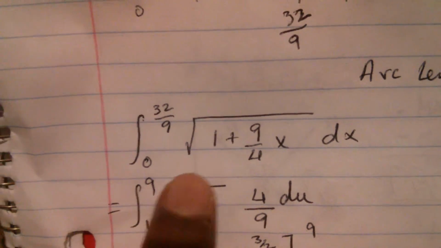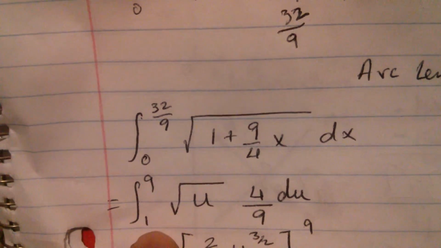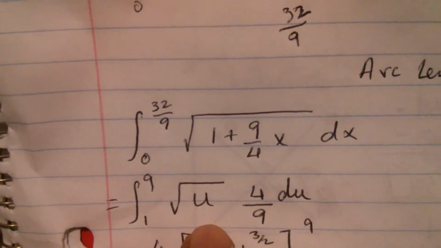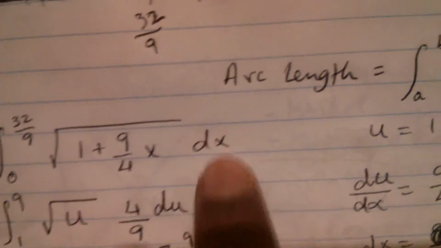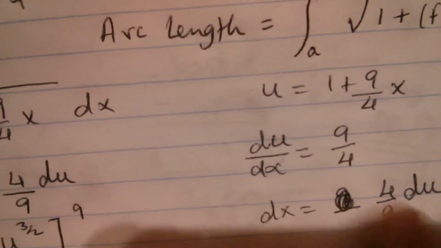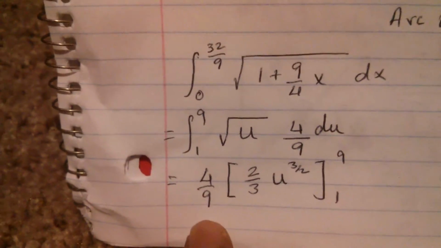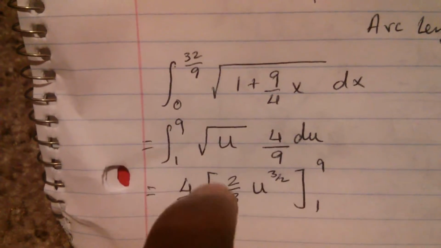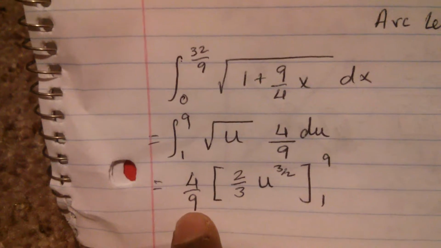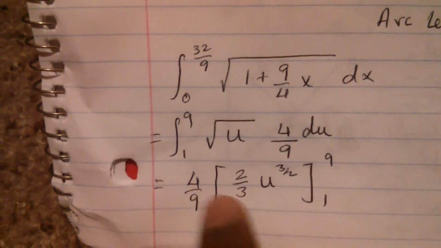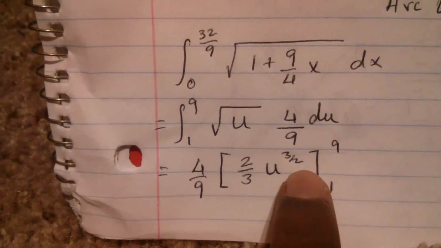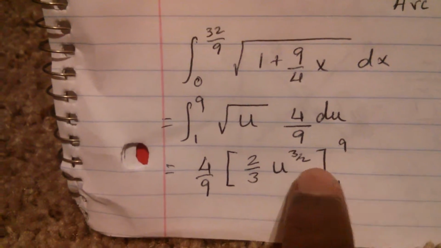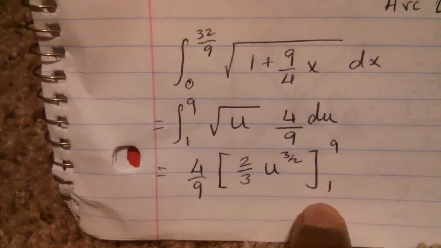So now we have the new integral: the integral from 1 to 9 of the square root of u, we just substituted u, times 4 over 9 du, that's dx right there. So now we have 4 over 9. We take the integral of this, we just pull that out, and then 2/3 u raised to the power 3 halves from 1 to 9.